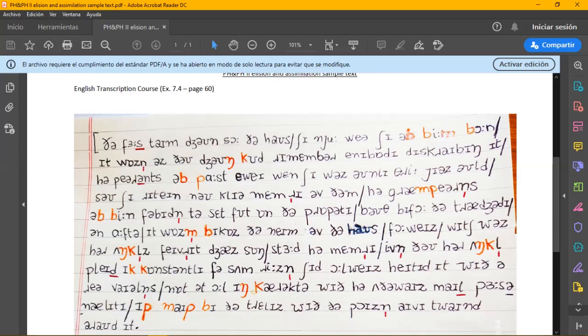So please always do this practice with the list of consonants and vowel sounds that I shared with you.